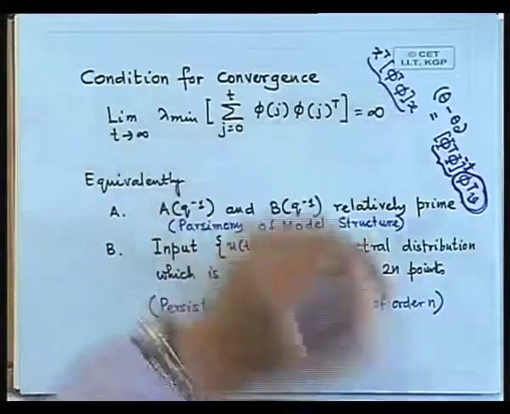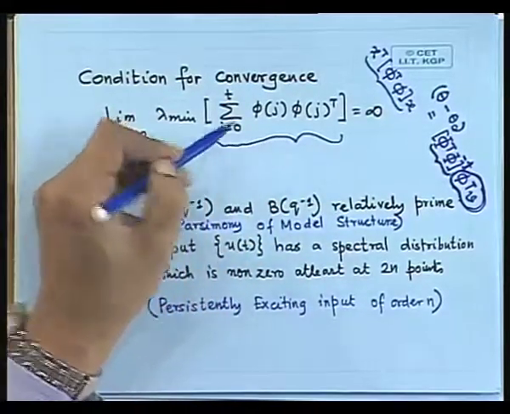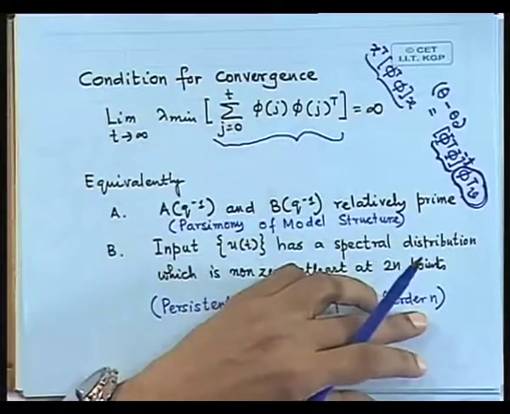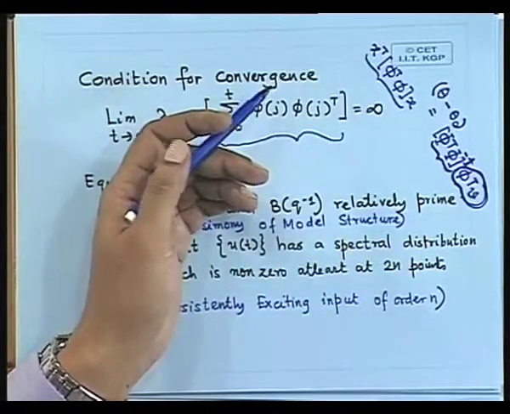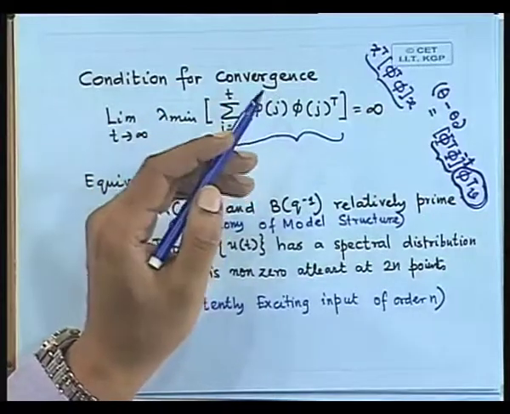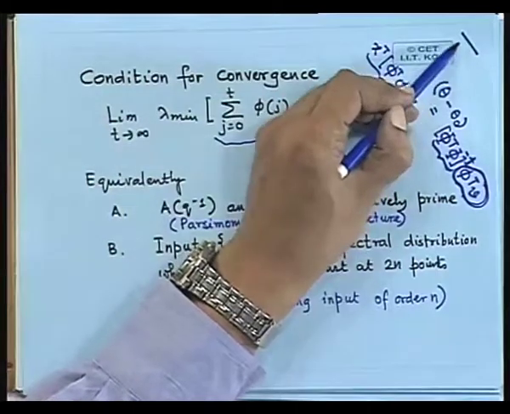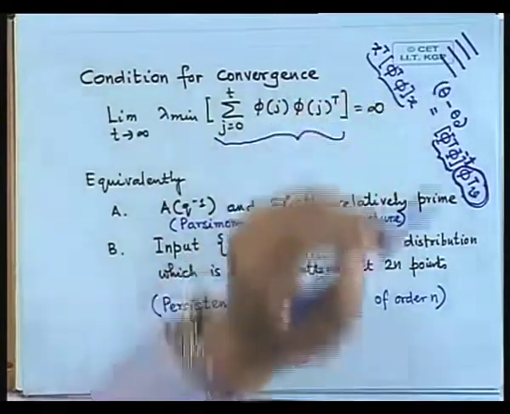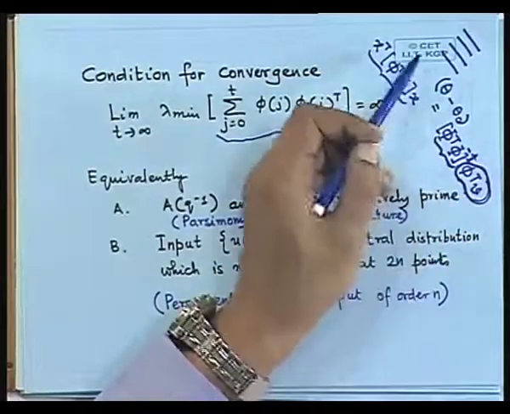So what is phi transpose phi? Phi transpose phi is nothing but this sum. Here I have used small phi's, as we have seen in class, the capital phi actually consists of small phi's as rows. Actually each row is a small phi transpose.